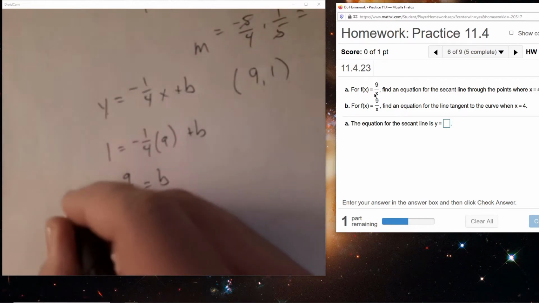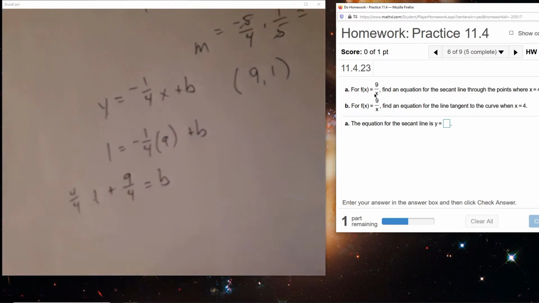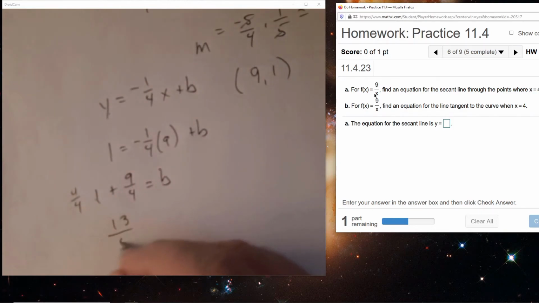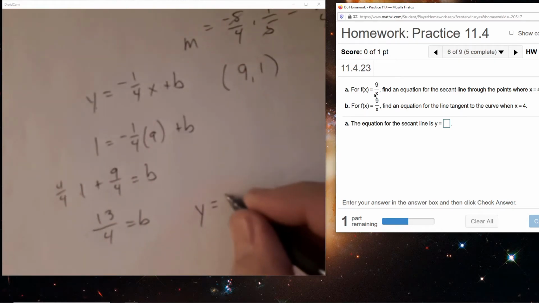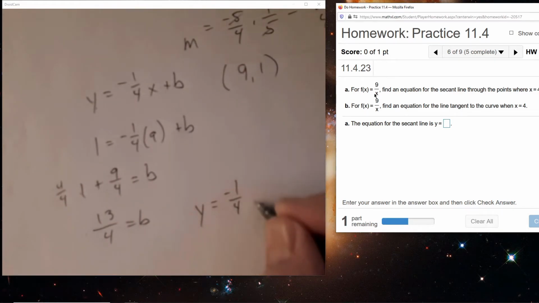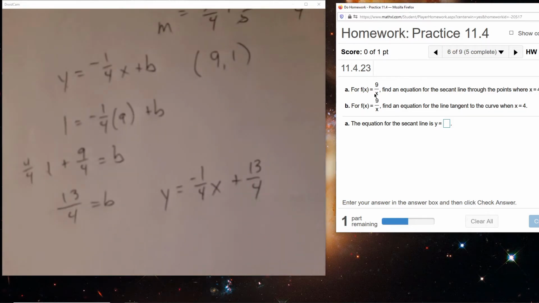One again is 4 over 4. So we get for the y-intercept 13/4. So our final answer for the secant line is that.